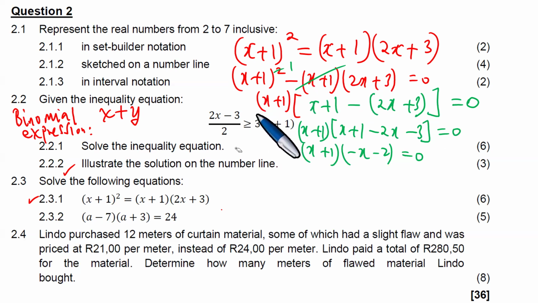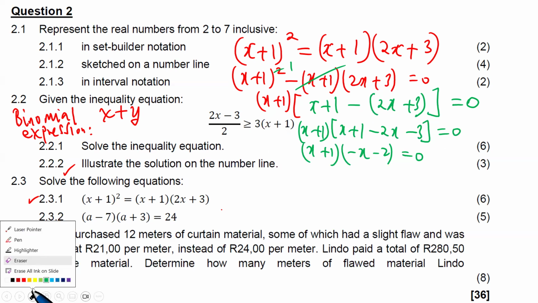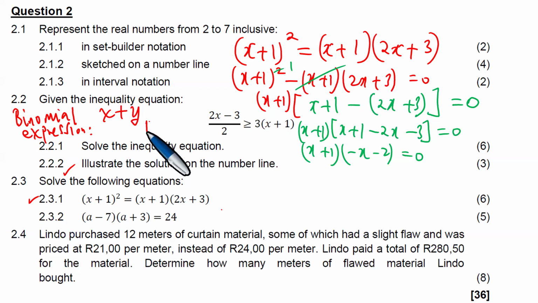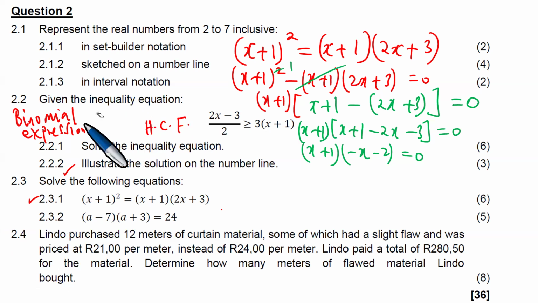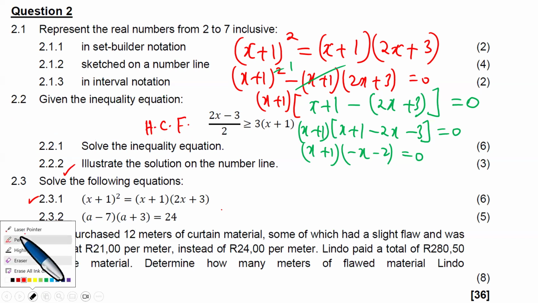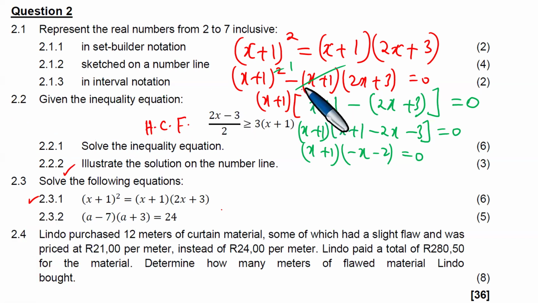This method of factorization is called the method of the highest common factor, HCF. The highest common factor means that we are taking out the highest factor that is also common. Here we have 2x plus 3, but this one does not have 2x plus 3.